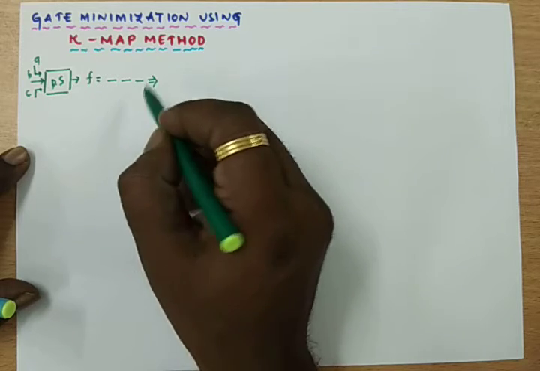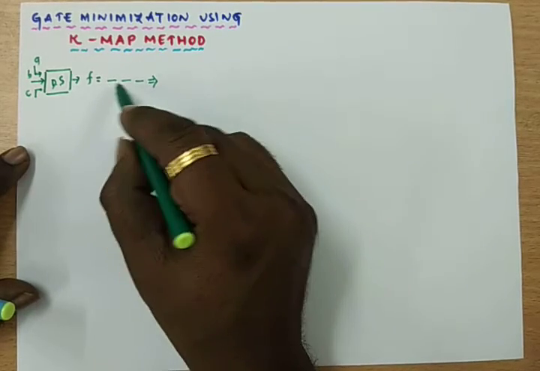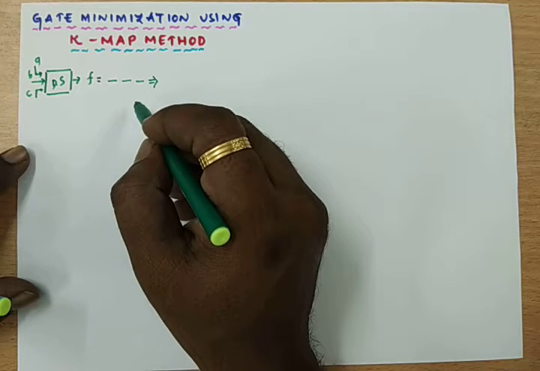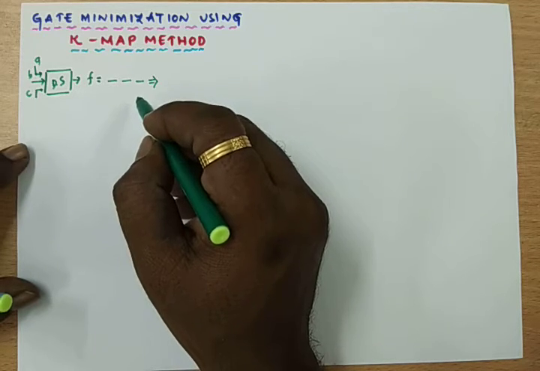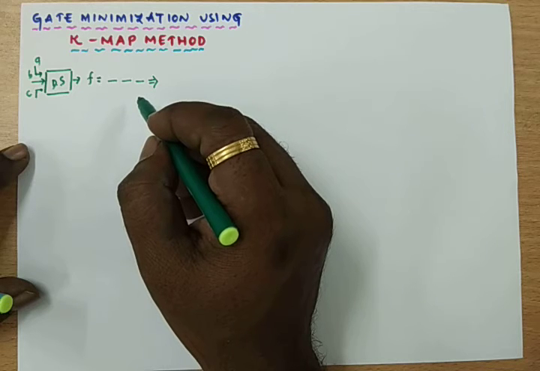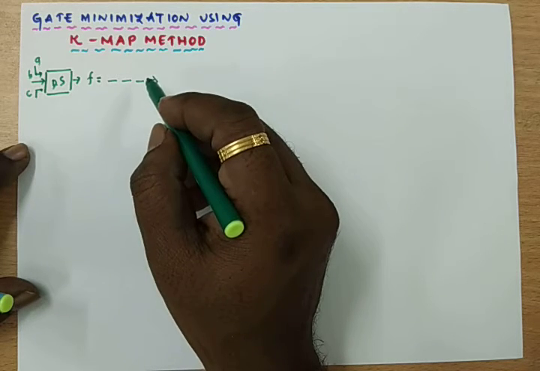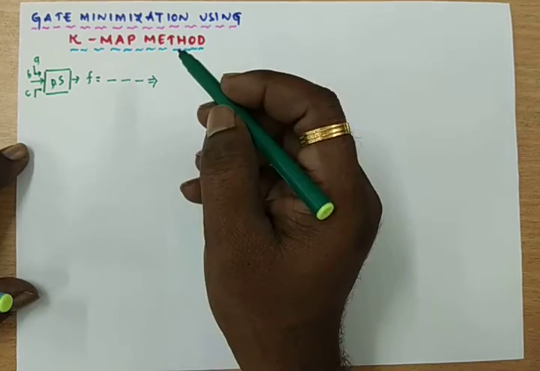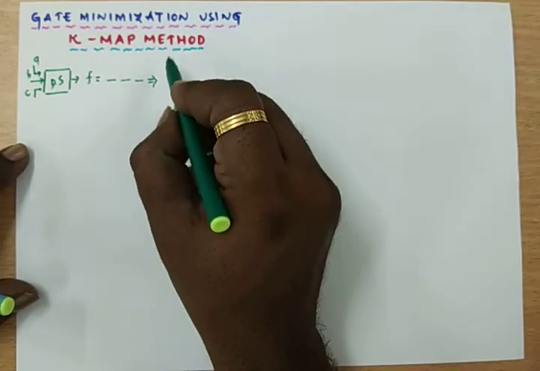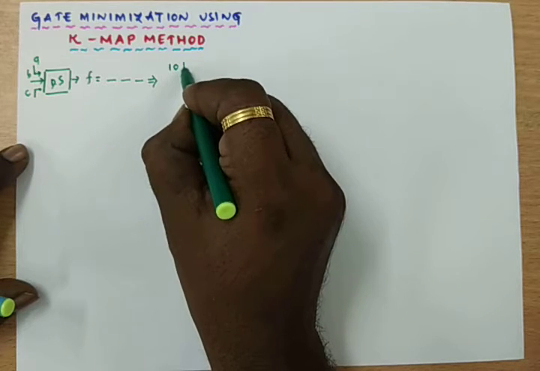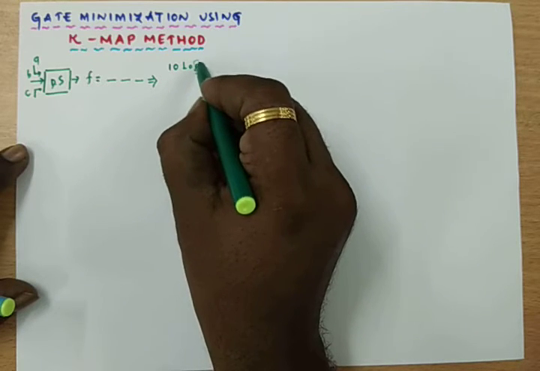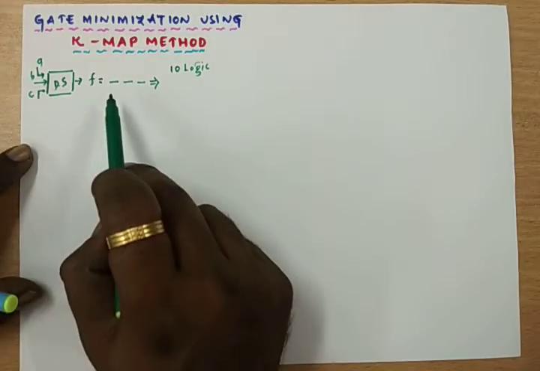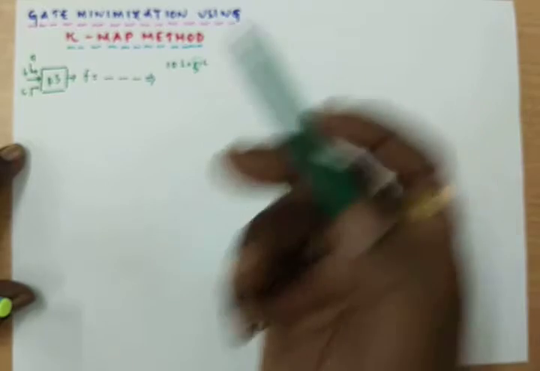If I directly implement this Boolean function, or the Boolean expression, by making use of the logic gates, assume that I require around 10 logic gates.